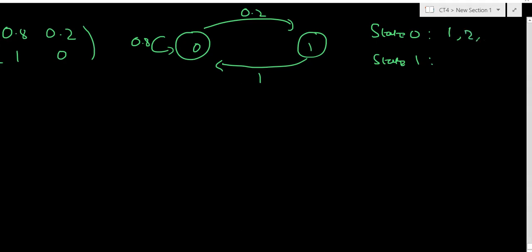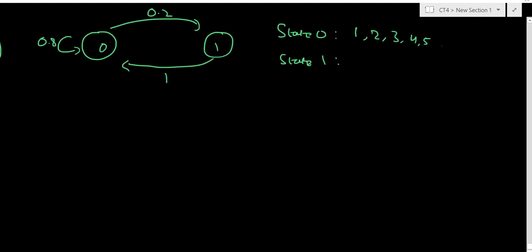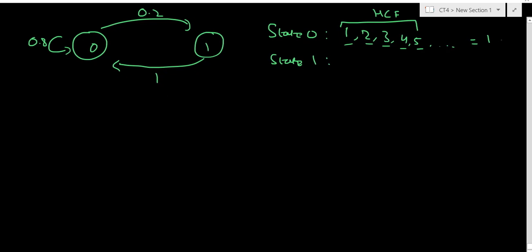So 1, 2, and then you can be back in 3 and 4 and 5 and so on and so forth. So the return is possible after any number of steps, so there is no integer multiple greater than 1. The common multiple of all of this would be 1. We just have to check the HCF, that is the highest common factor. So the return can be made in almost every step.